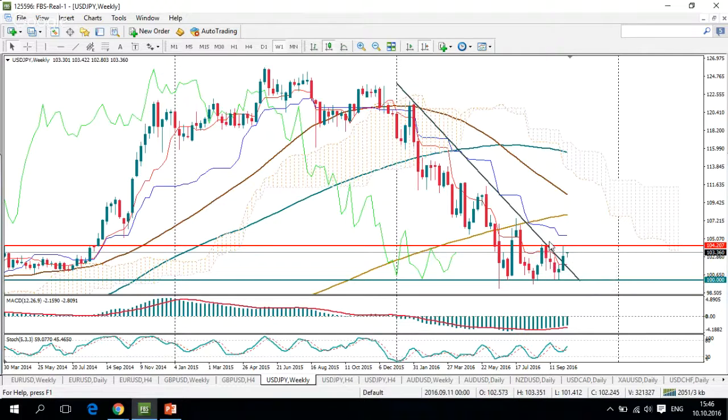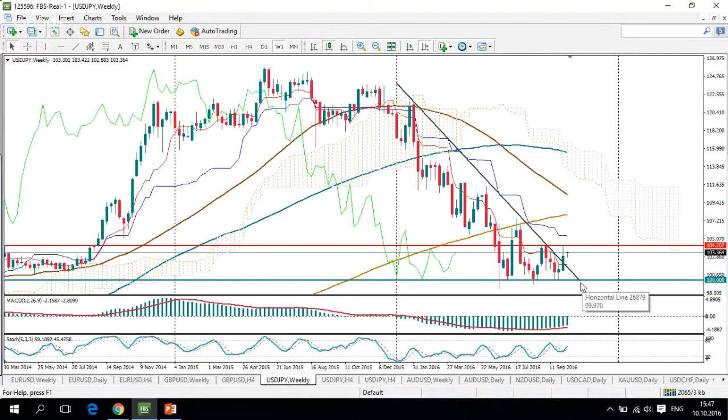104.30, 104.20 turned out to be a significant resistance for the US dollar, and we now need to see close above this mark to actually confirm that the trend in dollar yen is aiming for higher levels, is aiming to reverse its dynamics.